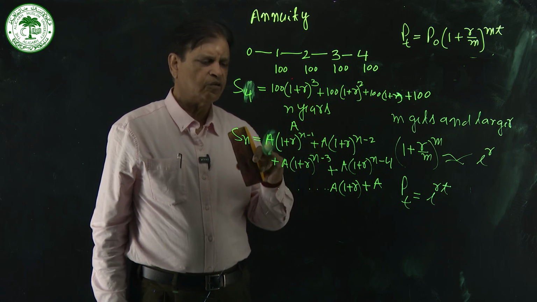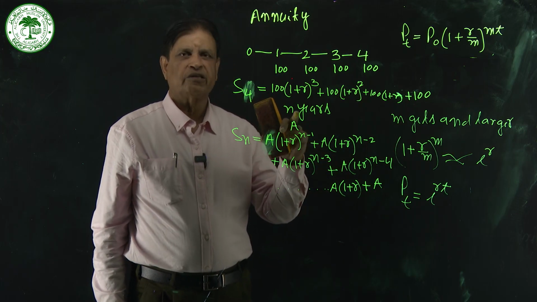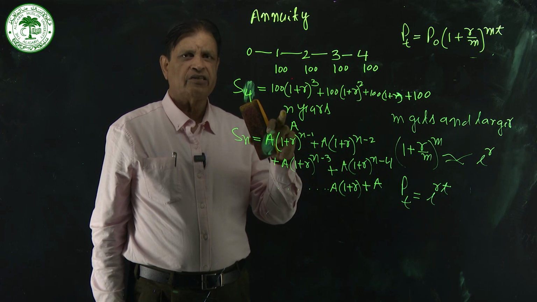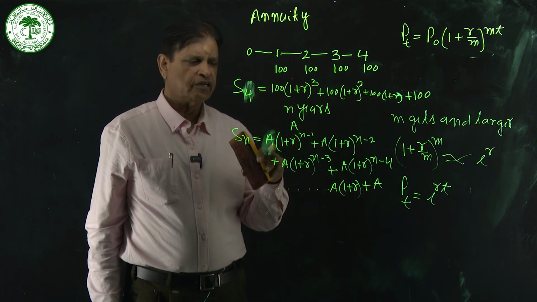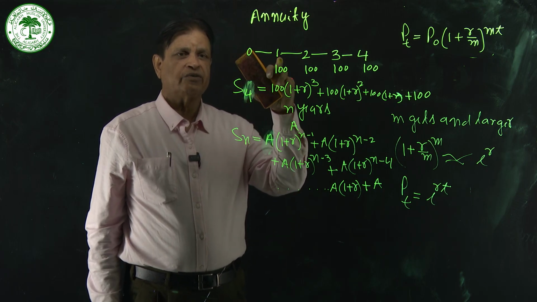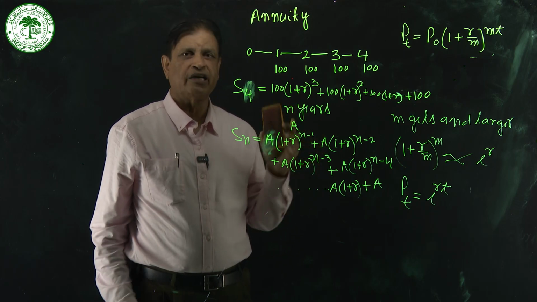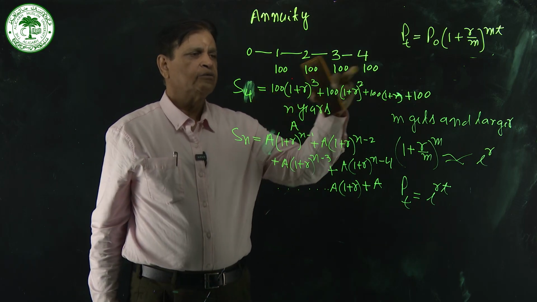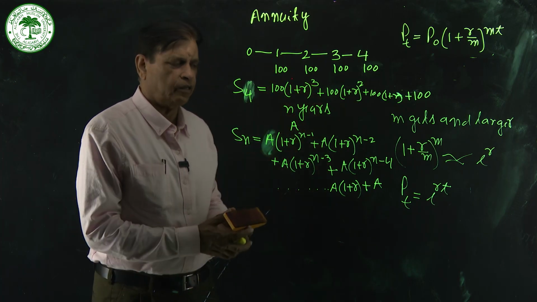This amount is deposited for n years. So in the nth year, the last year, no interest will be obtained. Whereas the first amount, deposited at the end of the first year, will earn interest for n minus 1 years. Just like here we have 4 minus 1, which is 3.